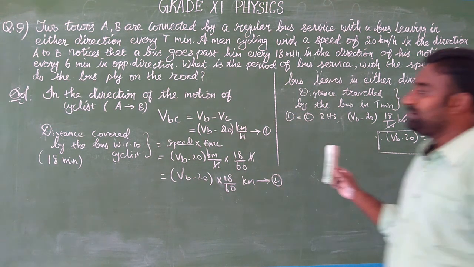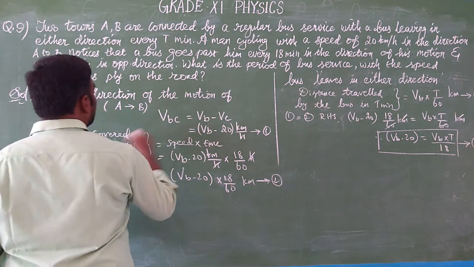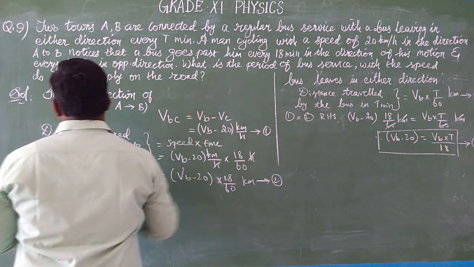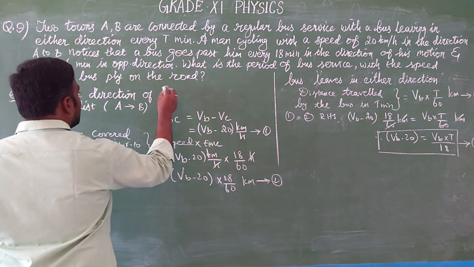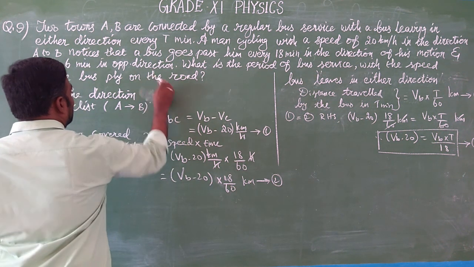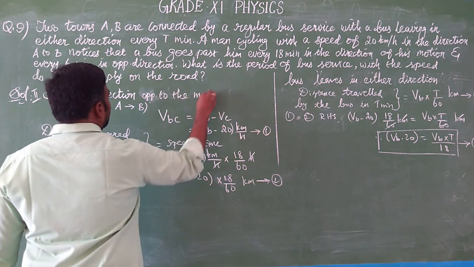Same as the second method, now the second case is the direction opposite to the motion of the cyclist.